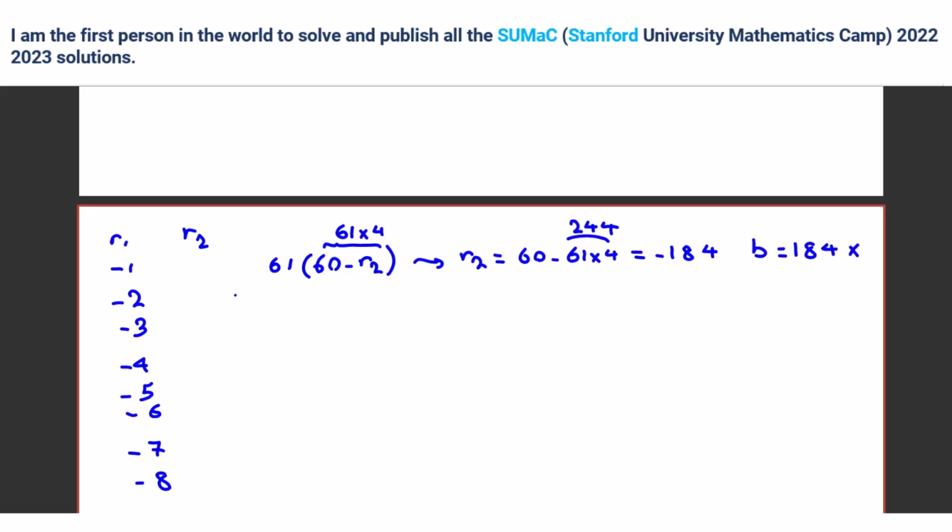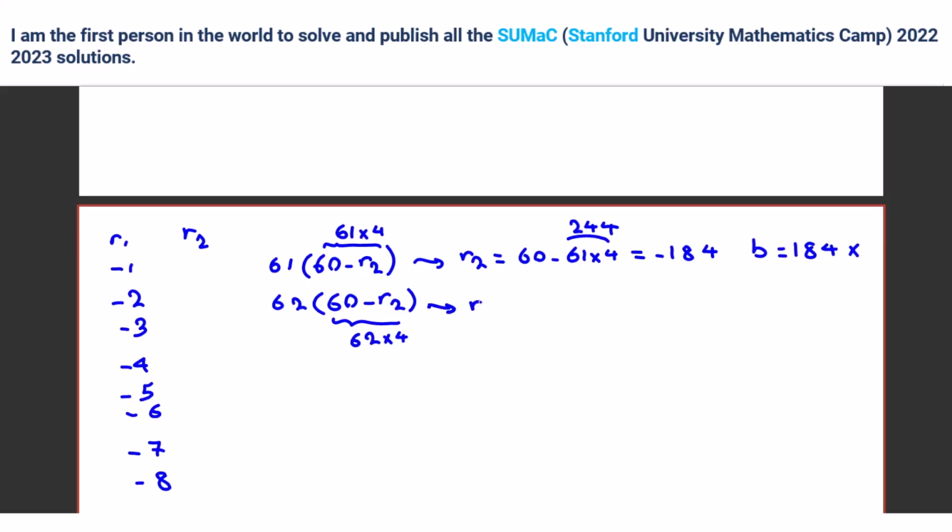Now for this one, it's 62, 60 minus R2. So it should also be at least 62 times 4, which is 248. Yes, like this one, you should check all other cases, right?